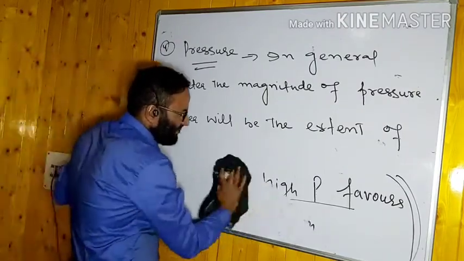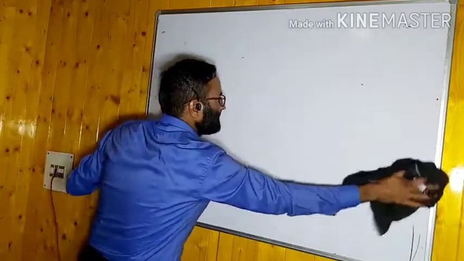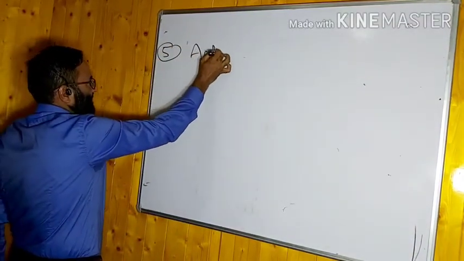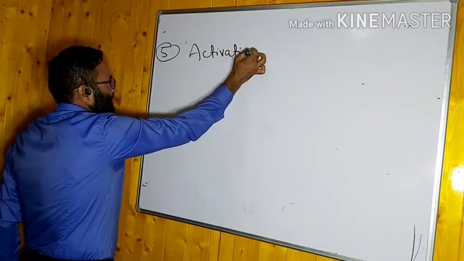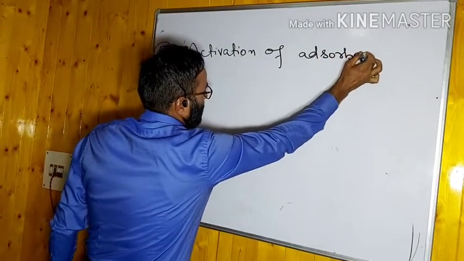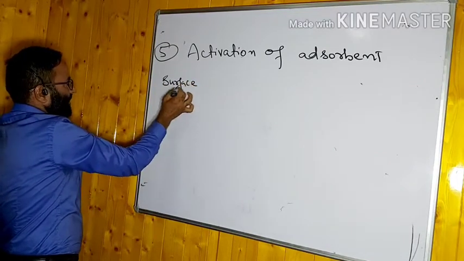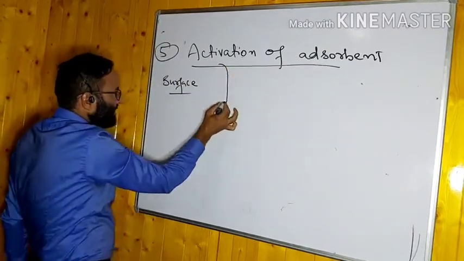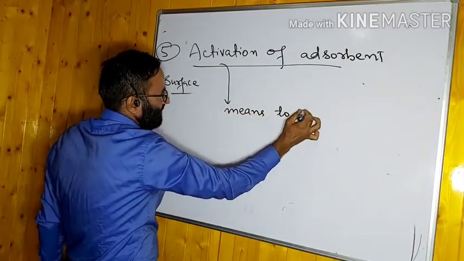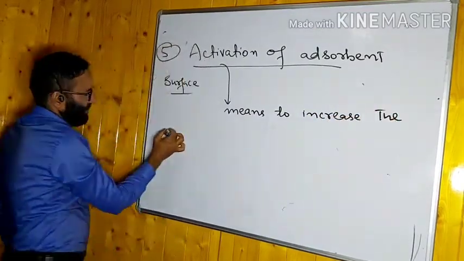Now we have the last factor, that is activation of adsorbent surface. The fifth factor is activation of adsorbent surface. What does activation mean? You can mention here, activation means to increase the adsorbing power.